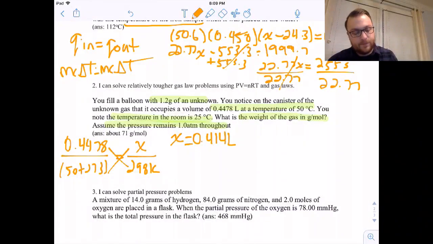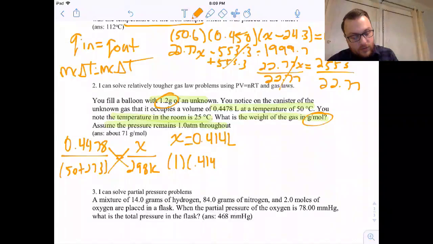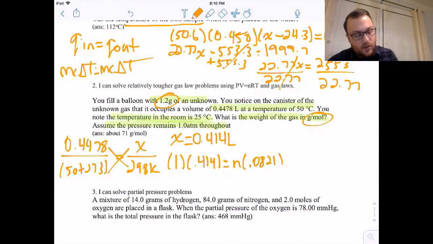Now you know the volume at which the gas is occupying this balloon. You know the pressure that this balloon is at with the gas in it. You know R, you know T. You can solve for n, which is moles, and then you can do grams divided by moles. So you got 1 times 0.414 liters of gas equals n, which is your unknown, times 0.0821 because we are in atmospheres, so not 8.314.